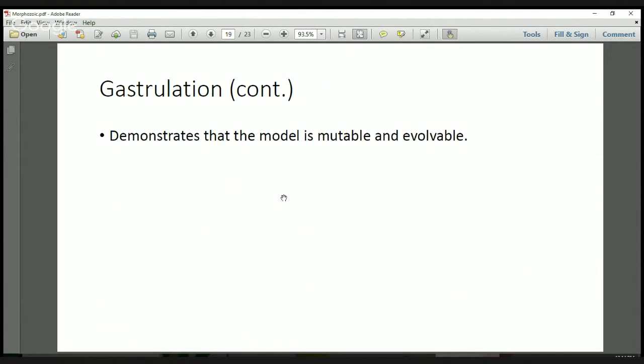This is going to demonstrate that the model is mutable and evolvable. So let's first look at what the gastrulation does when you run it.